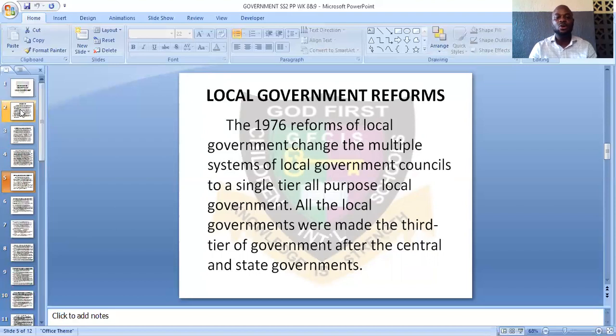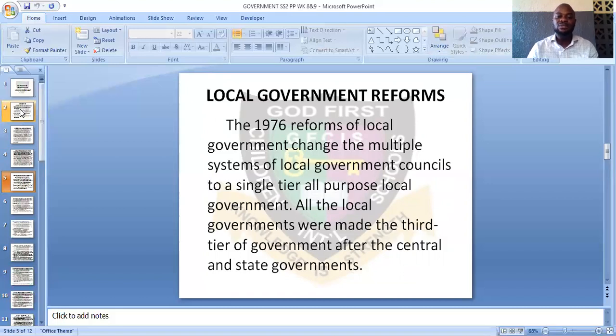As a result of that, local governments were made the third tier of government after the central and state governments. If you check the history very well, it mentions that some particular states had two tiers of local government, some had three, while Lagos had one.